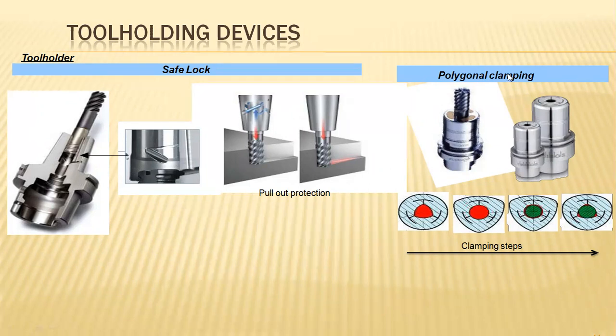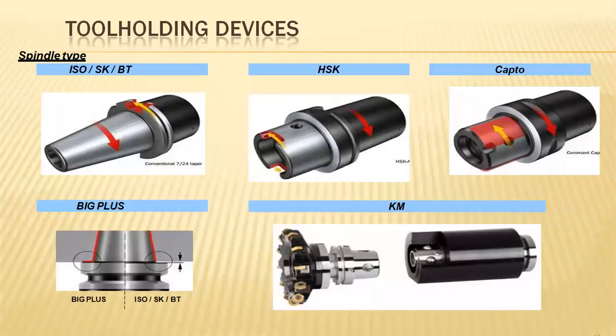Moving on to this polygonal clamping, these are the steps that we'll be having with the different shapes as per the design orientations or holding orientations, having different types of steps.